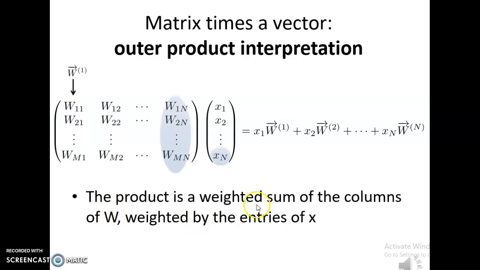The product is a weighted sum of the columns of W weighted by the entries of x: x1 w1, x2 w2, up to xn wn, where this is wn.